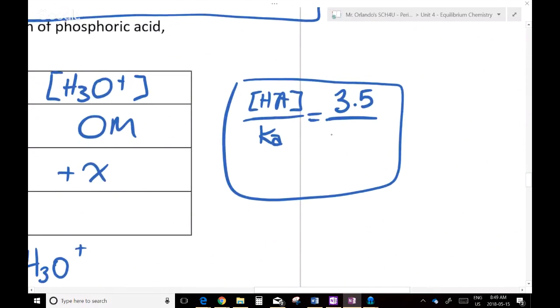That's the acid we're talking about right now. All right, so do that math. How much bigger is that than that?